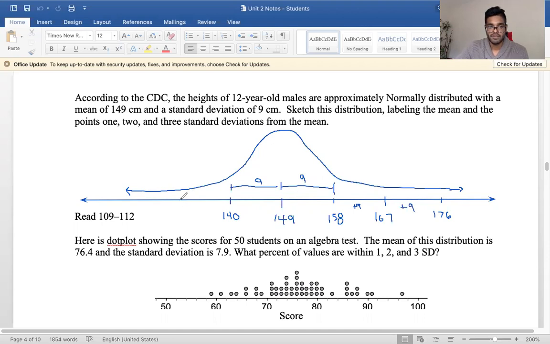Same thing on the other side. Keep subtracting 9, so minus 9 here. And you get 131. And then one more, and you get to 122.